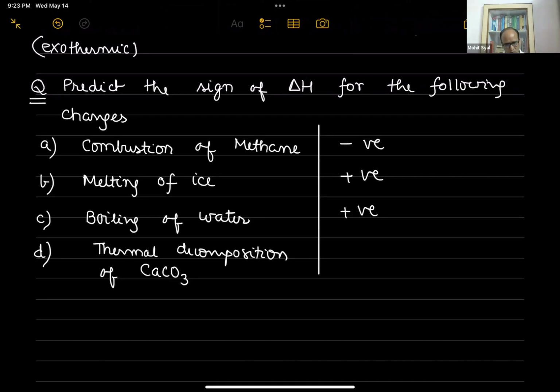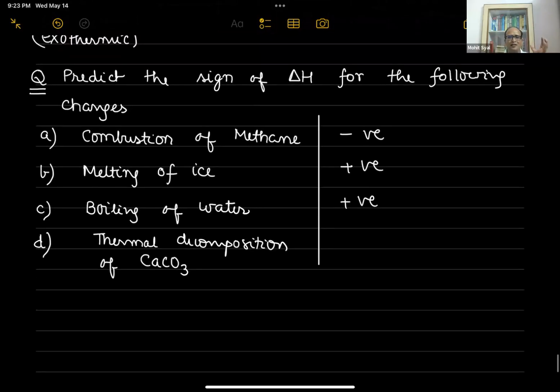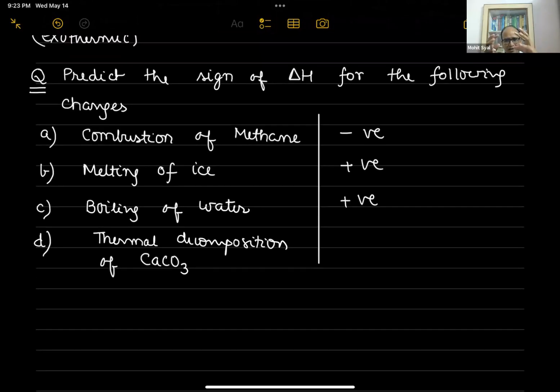Decomposition reactions are always endothermic in nature, because you are breaking something. It's not that it will break automatically and give heat. No, you need to put in heat, then it will break. Is it clear?